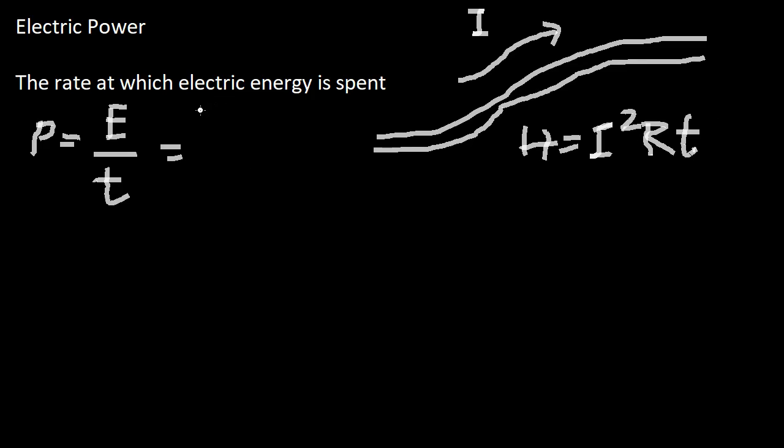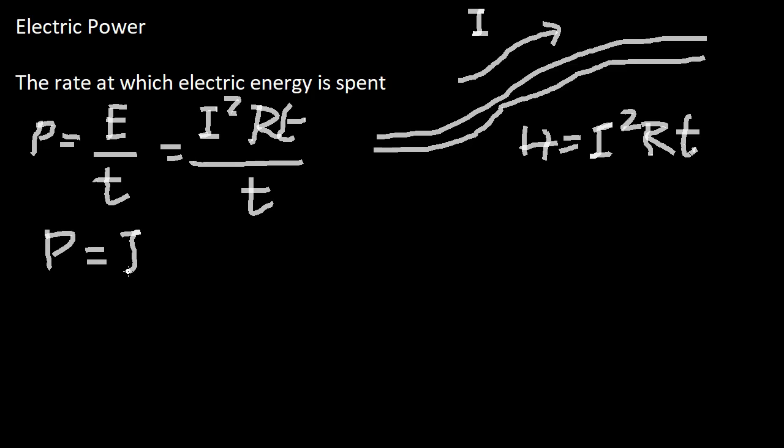We can write that as I squared R T in the numerator, and in the denominator we already have T. So the T cancels out, and that leaves us with P equal to I squared R. That is a very good expression for calculating the power of a device if the current passing through it is known and if the resistance of the device is known.